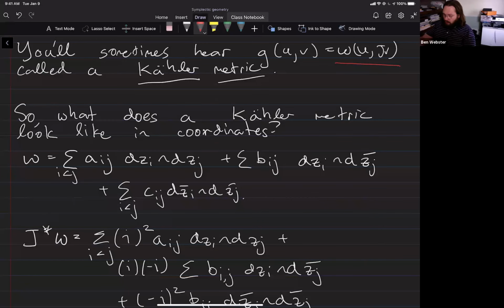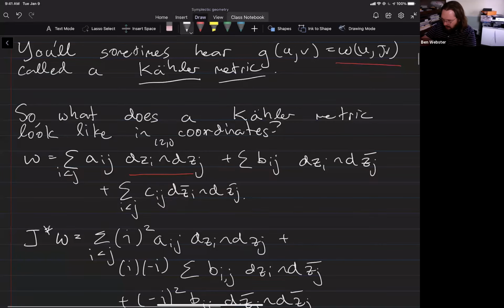And all of my two forms are a sum of terms like dz_i wedge dz_j. So that's a 2-0 form. dz_i wedge dz_j bar, that's a 1-1 form.